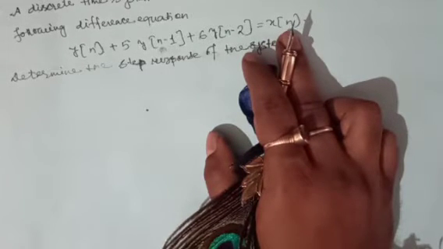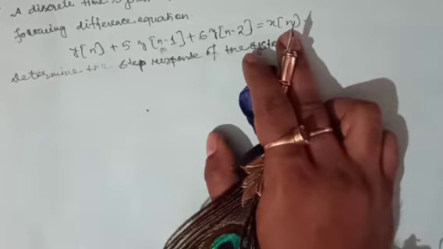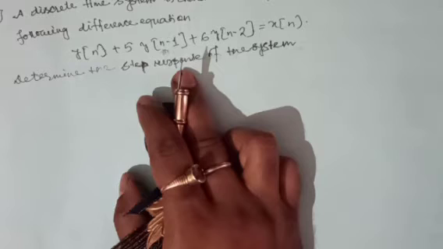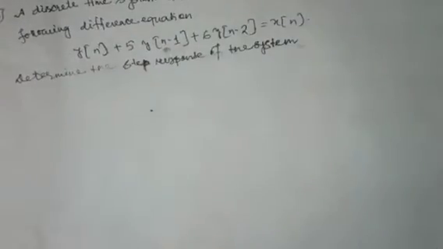Since the initial values y of minus 1 and y of minus 2 are not given in this example, let me put them as 0. So y of minus 1 and y of minus 2 both equal 0, therefore y of 0 will be equal to x of 0, which is equal to 1.